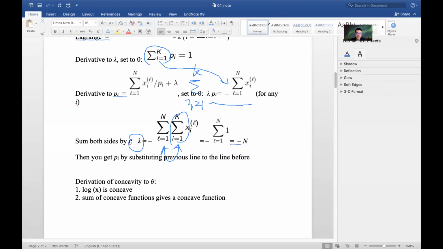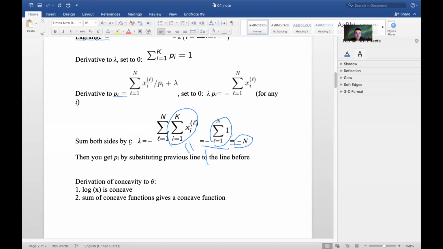The reason we want to swap them inside is because this term is equal to 1, because it's one-hot encoding. If you have P0, P1, P2, two of them are 0 and one of them is 1. If we sum 0 plus 0 plus 1, it's still 1. So this term is 1, and basically we get this thing, and when summed together, it's a negative.